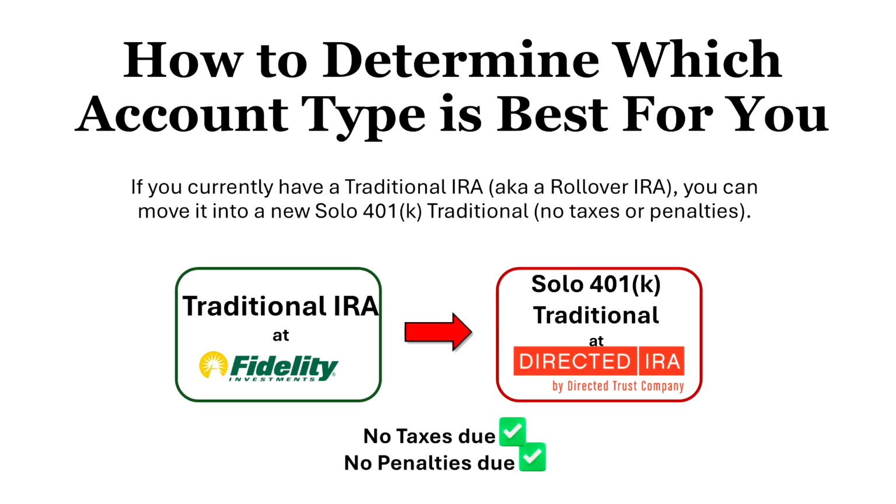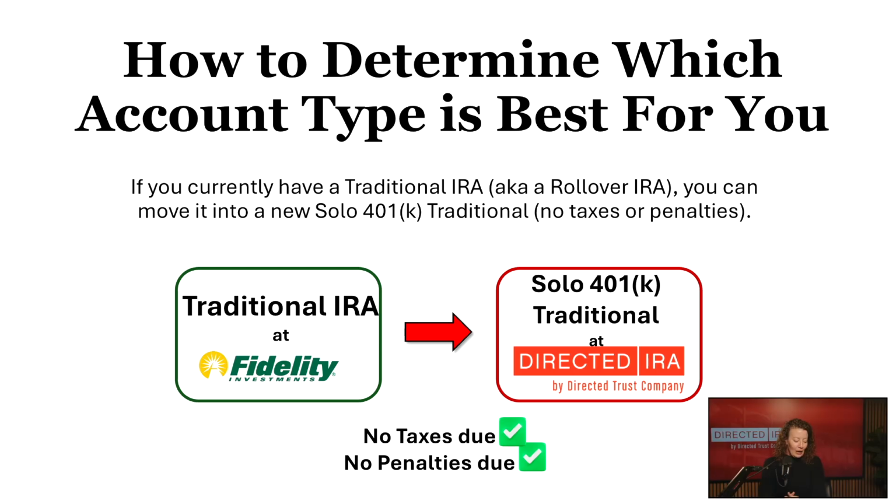We really appreciate you. Okay, last but not least, we've got this traditional IRA to solo 401k. I apologize, there's one more after this even. So you've got your traditional IRA. You can move that over into the solo 401k traditional. That's, again, no taxes, no penalties, nice and easy. But just like the traditional IRA conversion, you do have an option to convert if you would like.